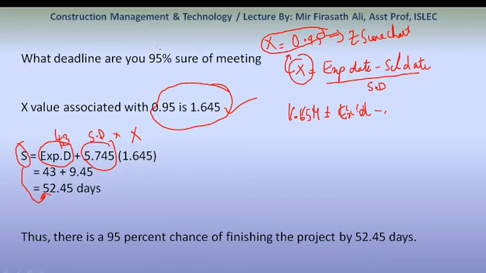So we are 95% sure that within 52.45 days we will be completing the project. There is a 95% chance of finishing the project by 52.45 days.